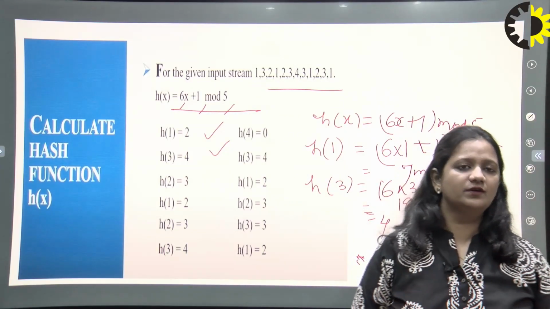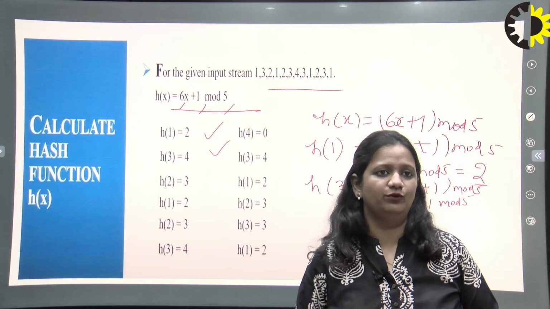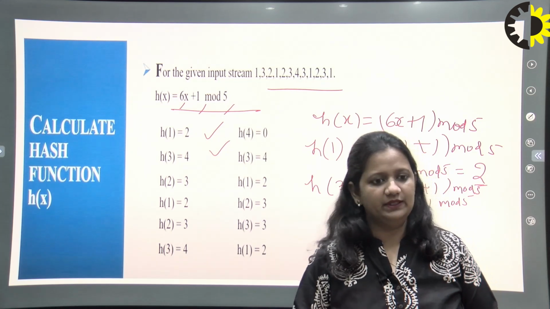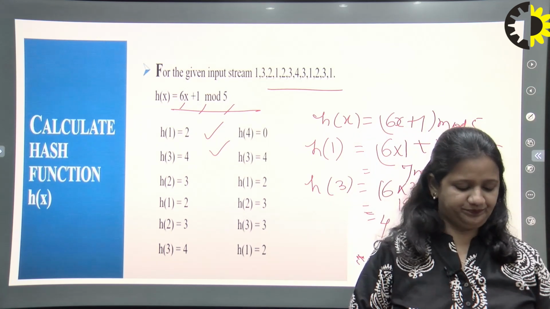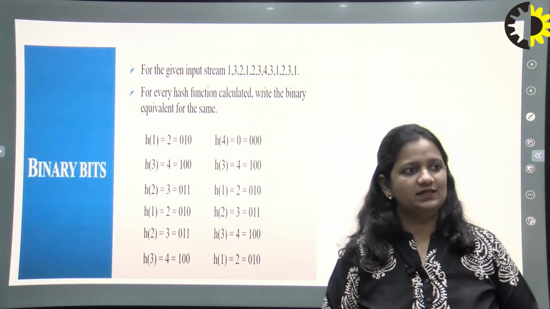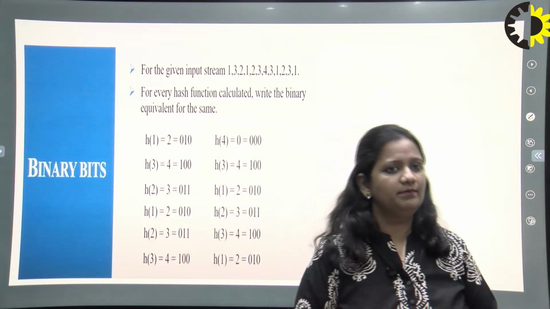So, this is our first step in the Flajolet-Martin algorithm, in which we have to calculate the hash function for all the elements in the given input stream. Now, come to the second step. In the second step, we convert this value into a binary format.